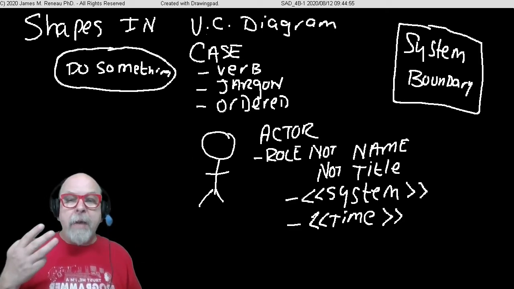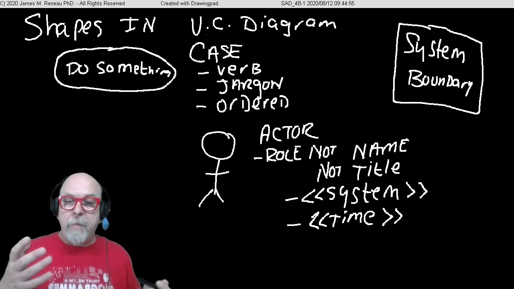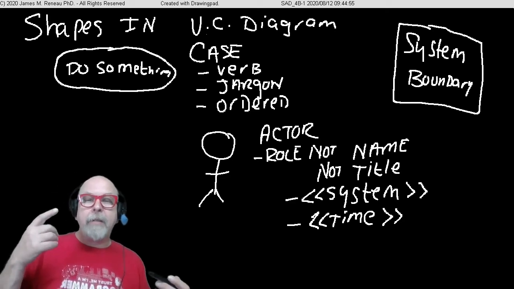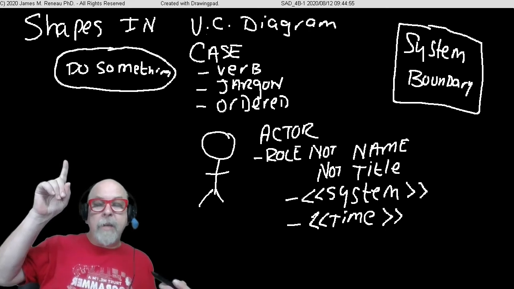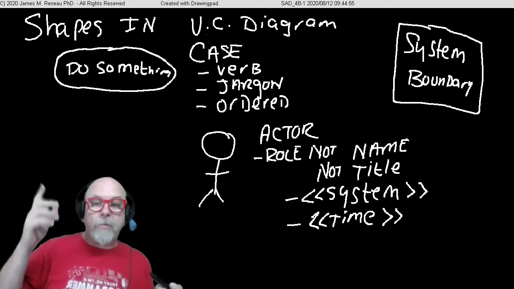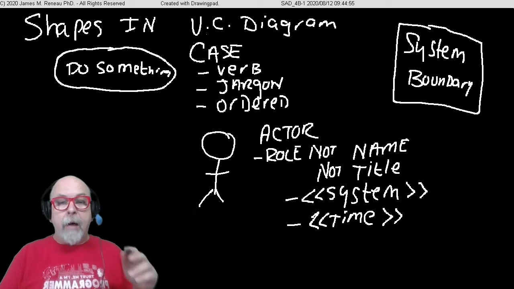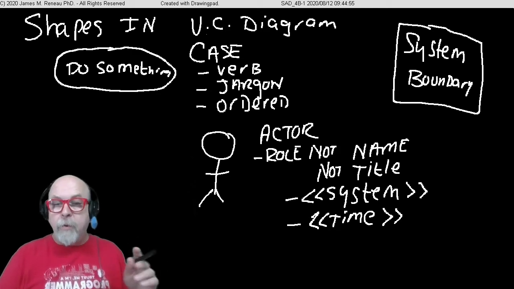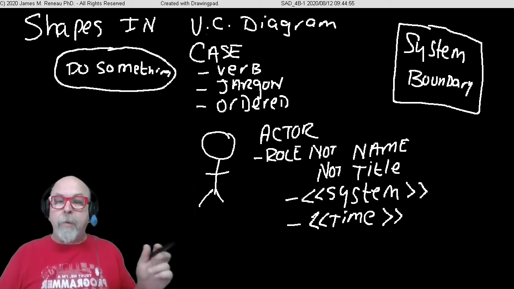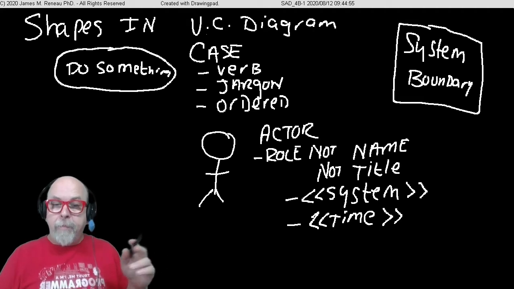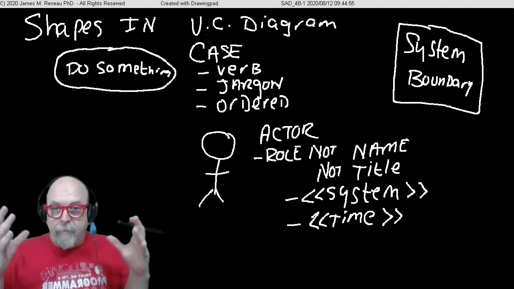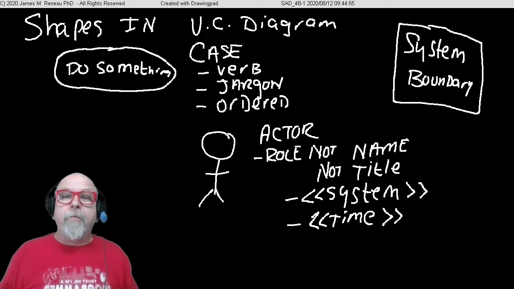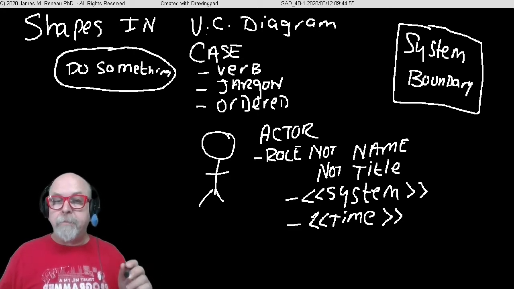There are three basic symbols, and then there are some arrows and arrow types, but we'll talk about the symbols. The most important symbol is the use case, and it's just represented by an oval, an oblong, a square with rounded corners, whatever. In the oval, I want you to put a verb or a verb phrase.